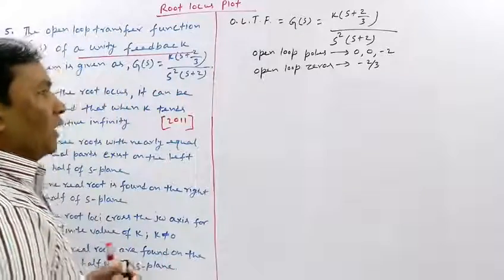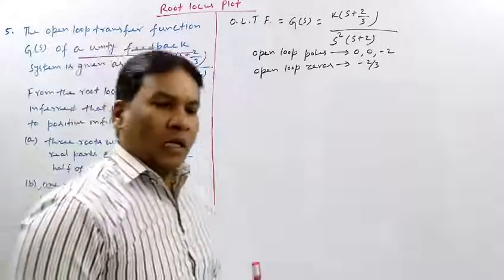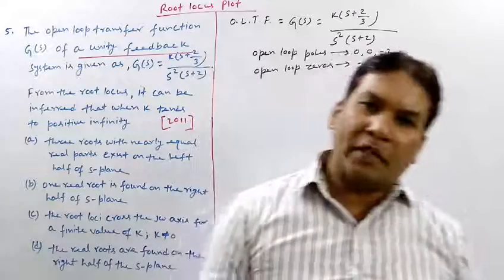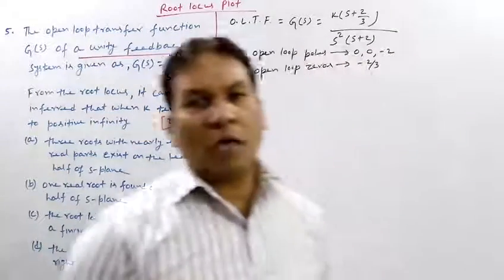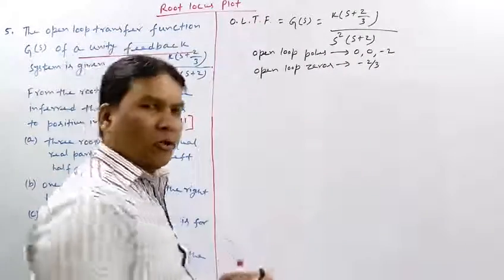So let me calculate the centroid. What is the centroid? I have already explained in the previous class. That is the point of intersection of asymptotes on the real axis.